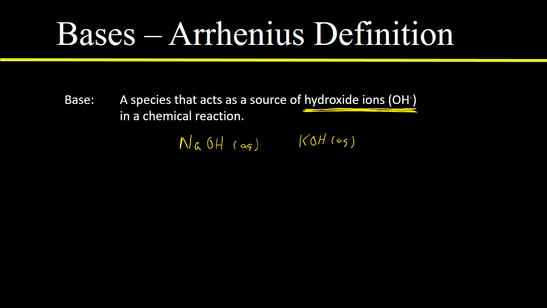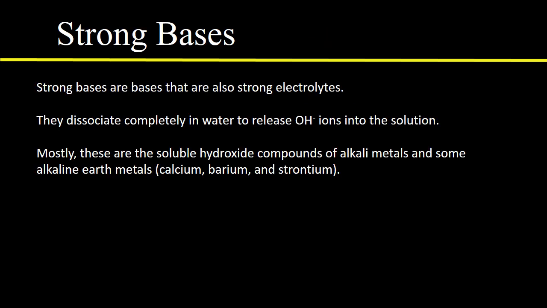All right. And just like with the acids, we have strong bases and weak bases. And again, also just like the acids, the strong bases are things that are strong electrolytes. So these are things that dissociate completely in water to release hydroxide ions. These are all of the alkali metals, so sodium, potassium, lithium, rubidium, you don't see rubidium very often, and cesium.